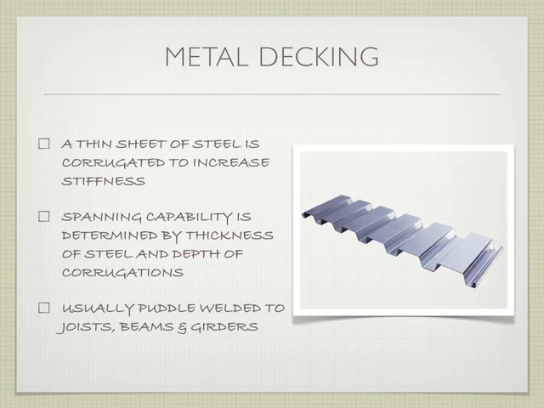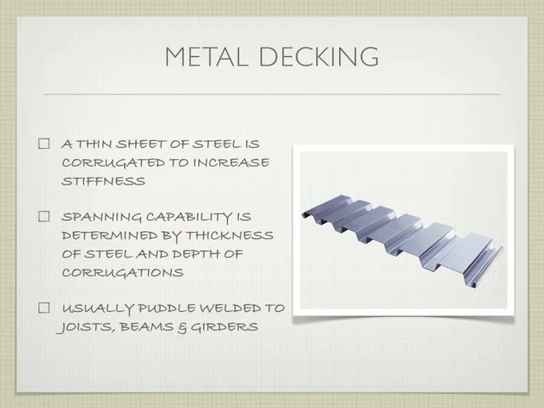So in that particular example, the depth of the corrugations isn't very big at all, okay? But we might increase the depth of the corrugations to give ourselves a bit more spanning capability. Okay? If we're going to weld these pieces to the steel beams, something like that.